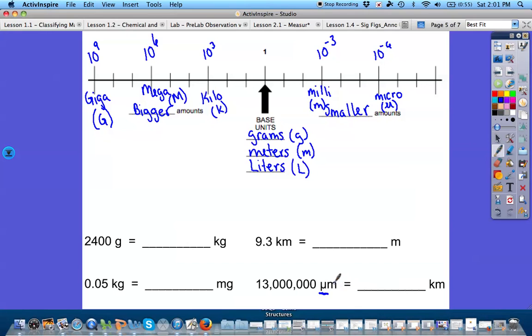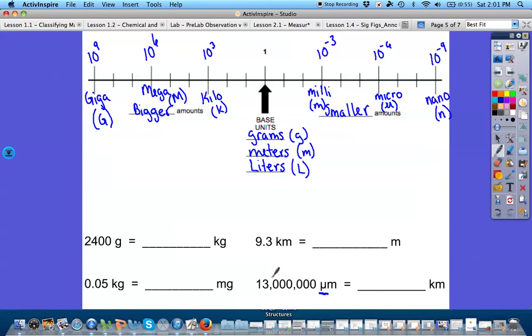So like on your quizzes and tests, this is what it will look like down here. And then 10 to the negative ninth is nano, and this is a lowercase n.